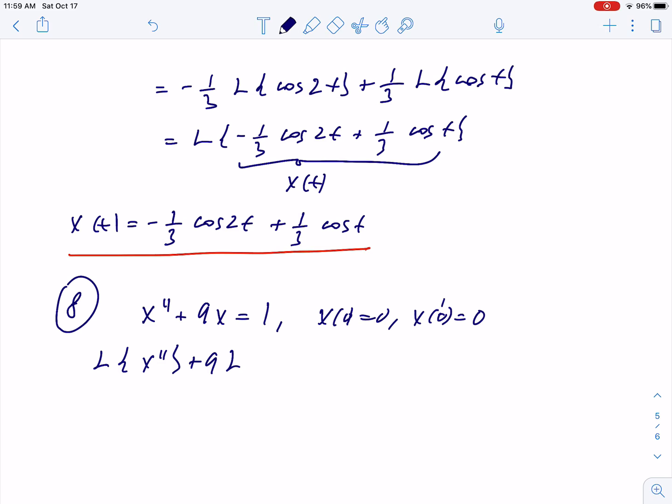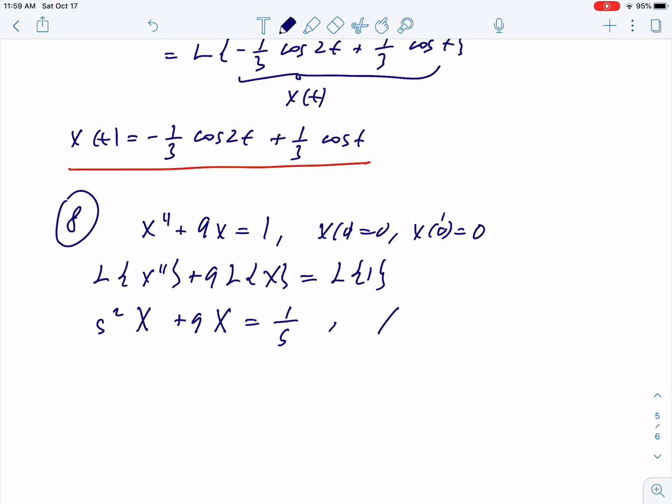9 times Laplace x equals Laplace of the function 1. Using formulas for derivatives. Now, because the initial conditions are zeros, we can skip x(0), x prime (0), and just write on the left side s squared with big X plus 9 times big X, and Laplace of 1 is 1 over s.